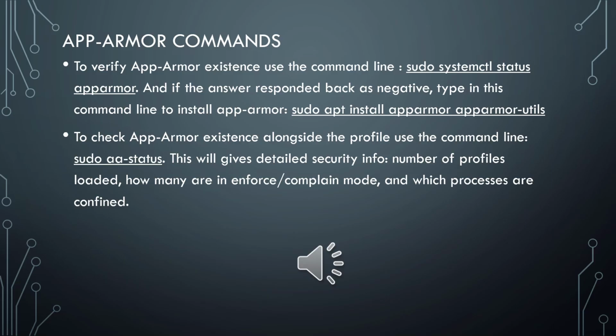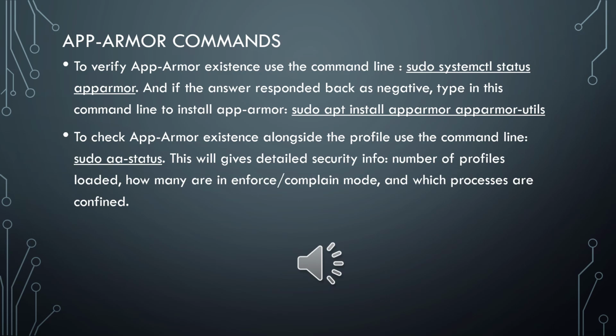This will allow us to see if AppArmor is installed within our operating system. And if the response comes back negative, we can use the command sudo apt install apparmor apparmor-utils. This will allow us to install AppArmor into the system.